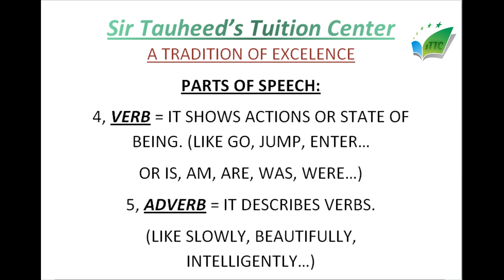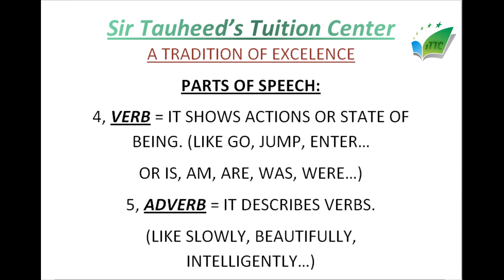But there is another part of verb that is called state of being, which means to be something. Like I could say he is a student. There's nothing moving in this sentence, so this kind of sentence carries verbs relating to state of being.